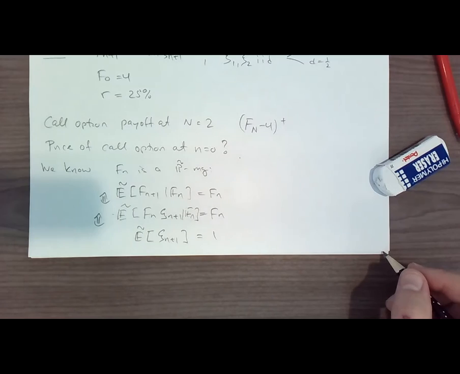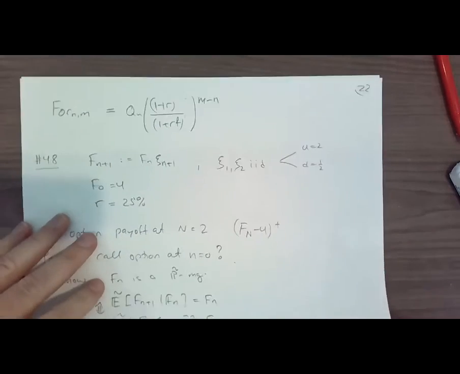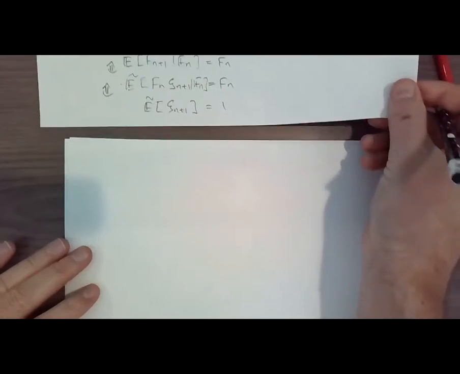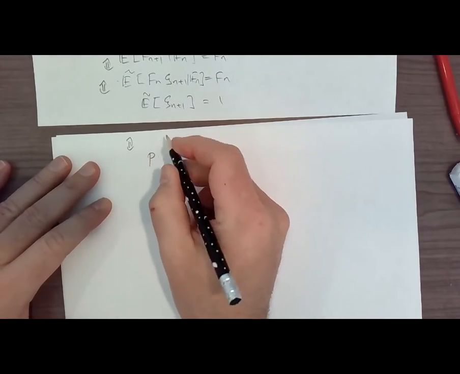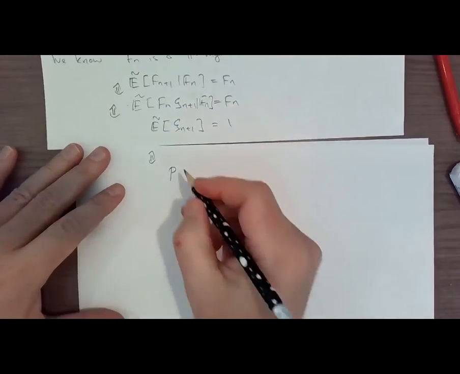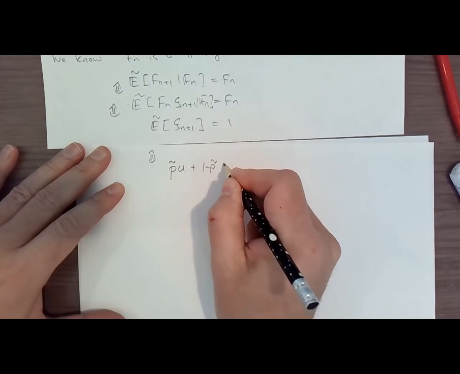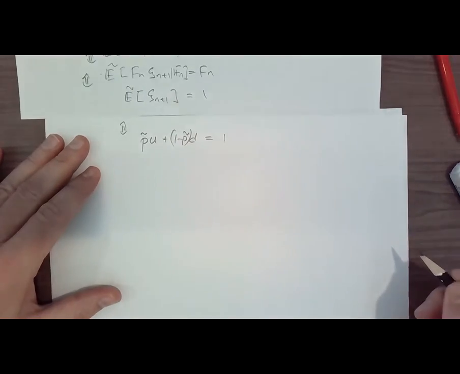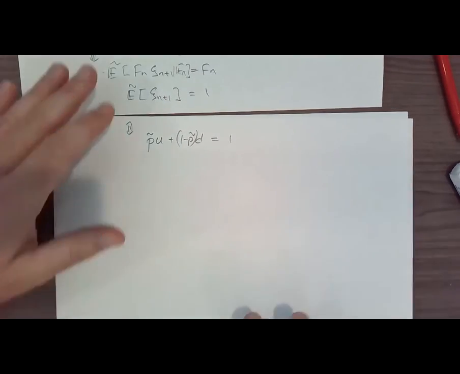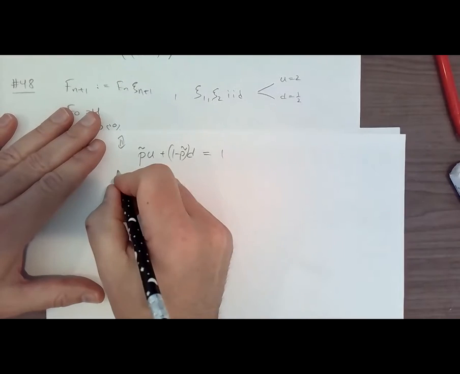Okay. So what is that going to tell me about p tilde? This is the same thing as saying that psi could take two values, so p tilde times u plus 1 minus p tilde times d will be 1. So now we're going to use that u is 2 and d is a half.